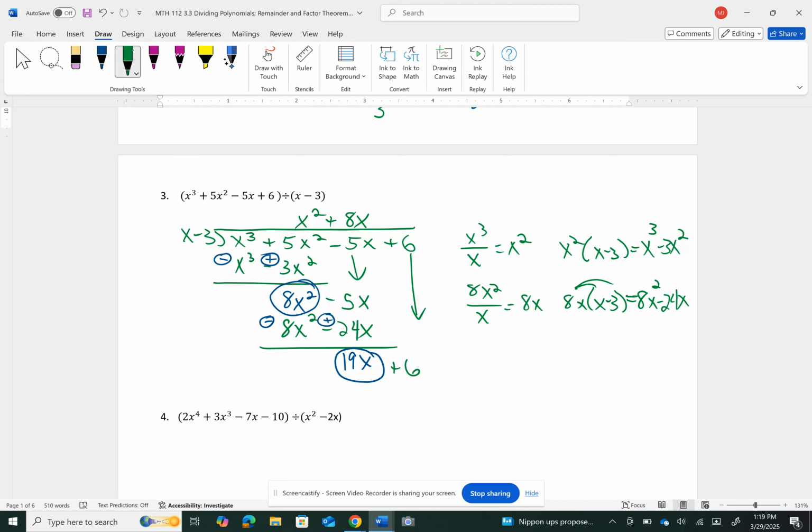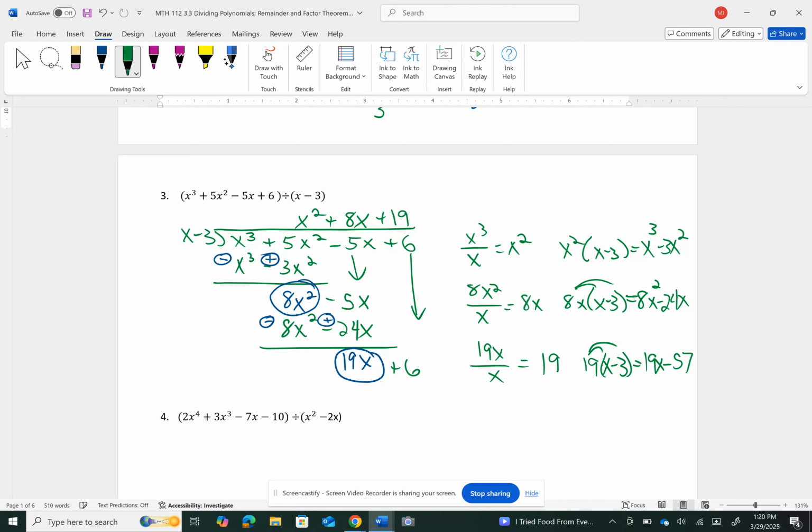So now I'm going to be taking the 19x, dividing it by x, and getting just 19. I'm at the end of the division bar. I've got my constant, so I know that's going to be the last round of this I need to do. When I distribute, I get a 19x, and 3 times 19 would be 57.